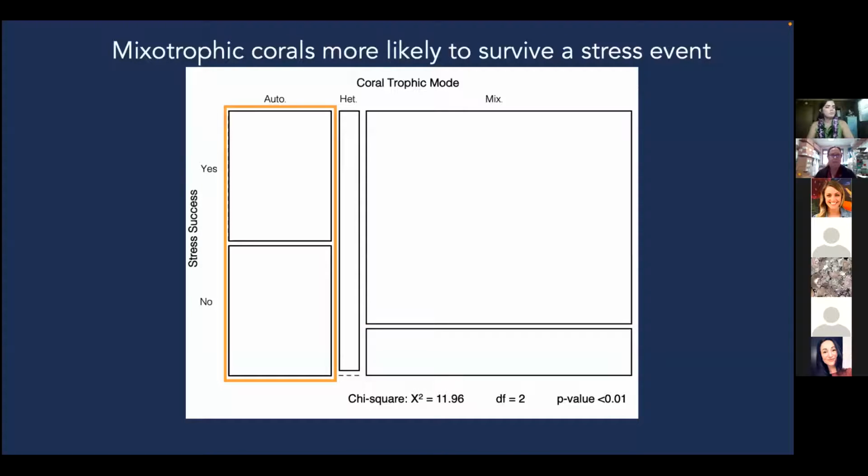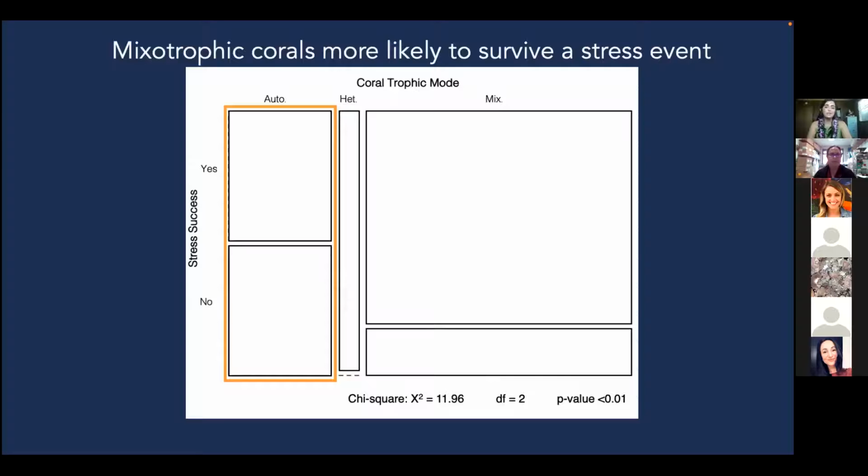So even though mixotrophy was way more successful at surviving a stress event, within just the autotrophic corals studied, it's about a 50-50 split between surviving and not. So they can't be completely ruled out, and we should see what is making these corals still successful, even though mixotrophy has been found to be more.